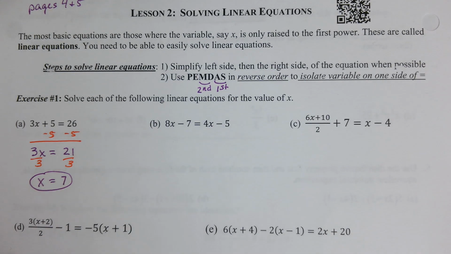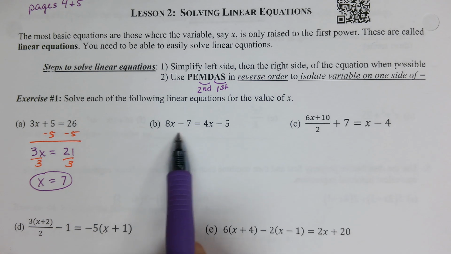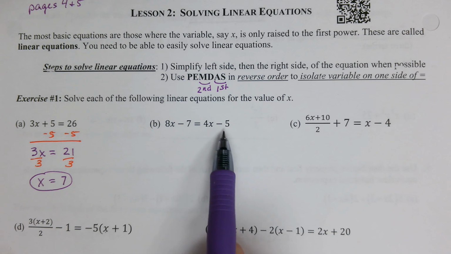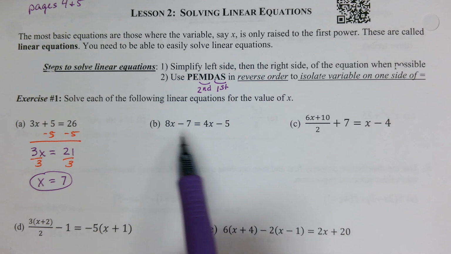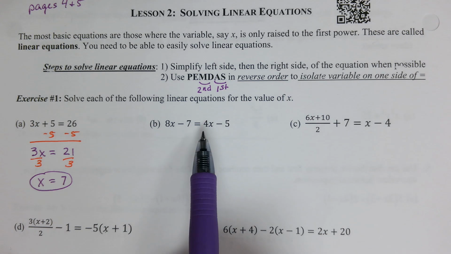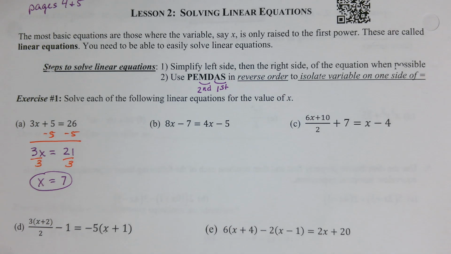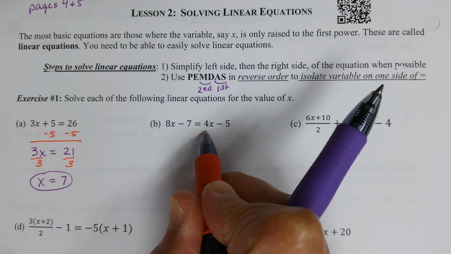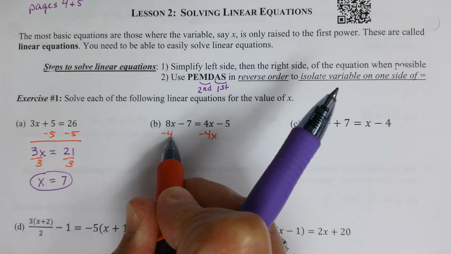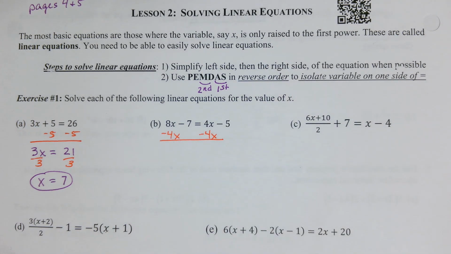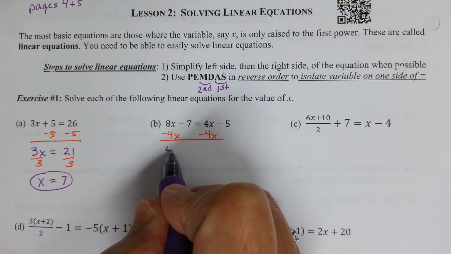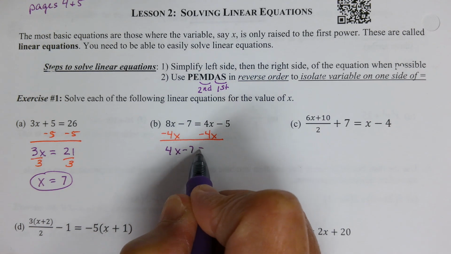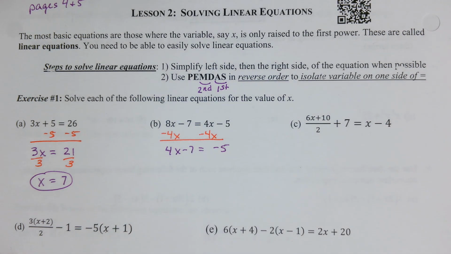B, 8x - 7 = 4x - 5, and there's no simplifying to be done on the left side nor on the right side. So it's my habit to get the x terms together. In this case, 4x is smaller than 8x, so I would subtract 4x from both sides. 4x - 7 = -5.